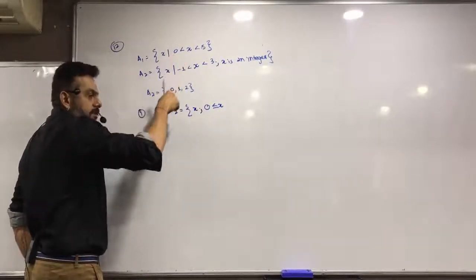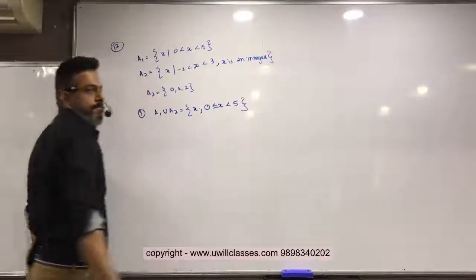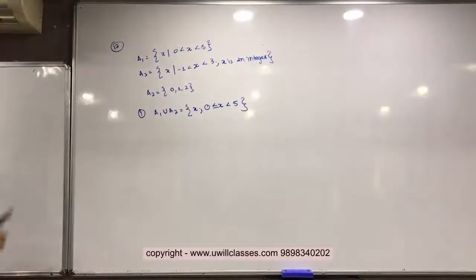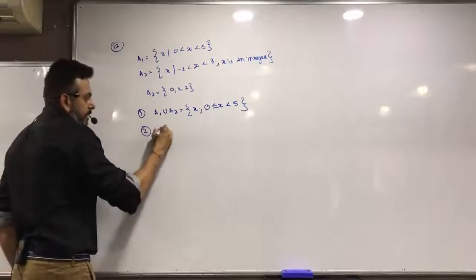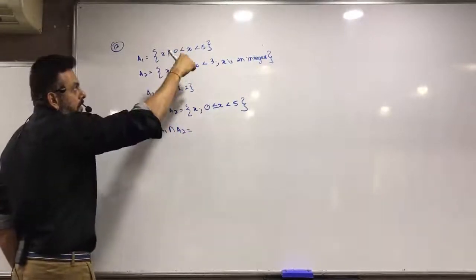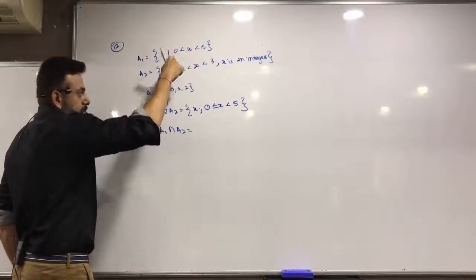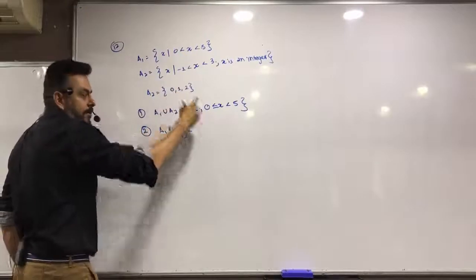Here we don't have, but here we have 0, and less than 5. Understood this now? Now when I go for second, A1 intersection A2, अब दोनों में कॉमन क्या है? 0 यहाँ पे नहीं है, तो 0 नहीं ले सकते, 1 and 2.